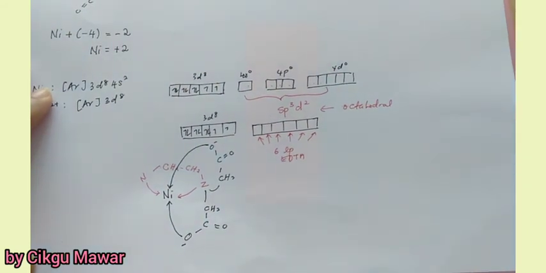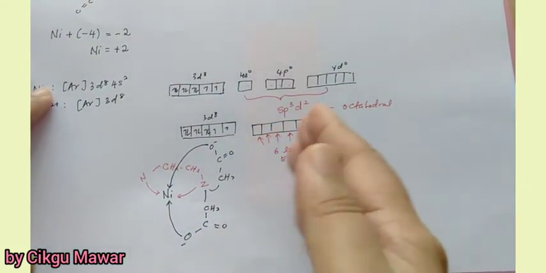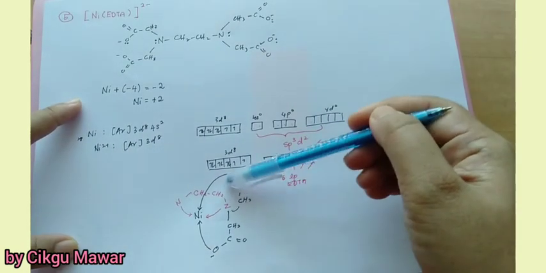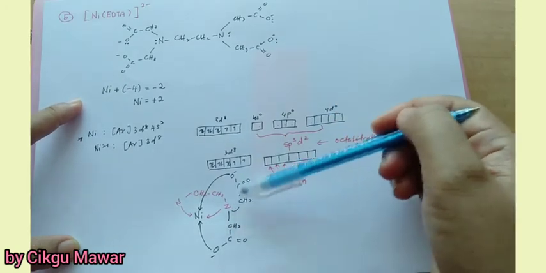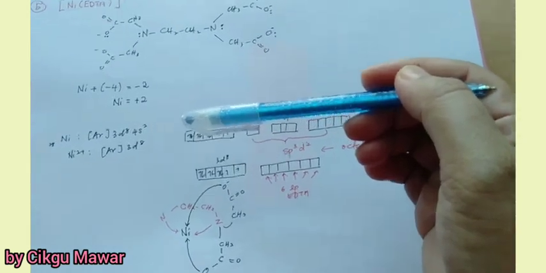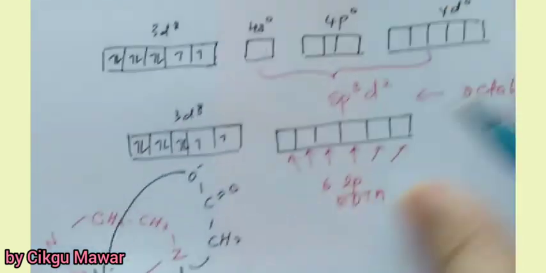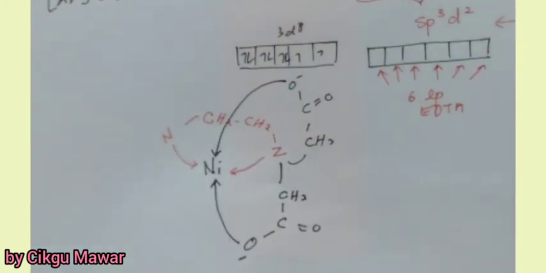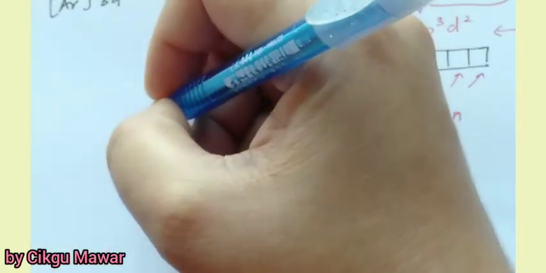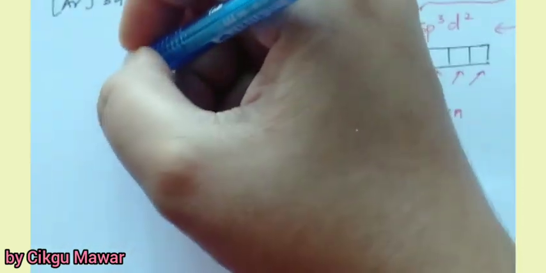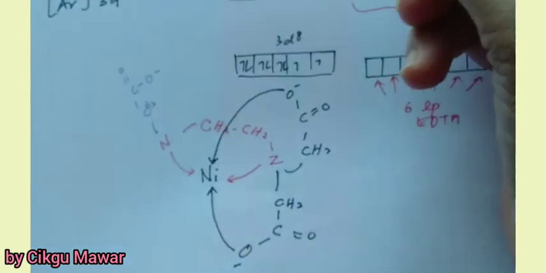So this is the structure of the right side of nickel. Now we are done with the right side of EDTA, so I continue with the left side. This N is also bonded to another CH2, and then C double bond O and O minus.